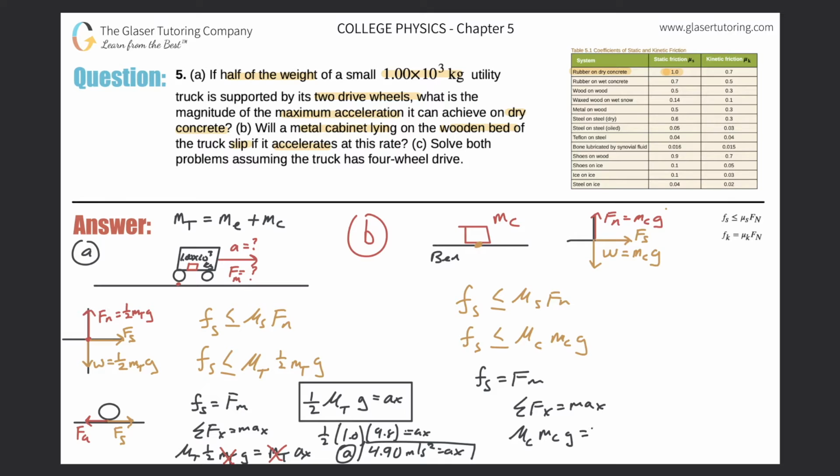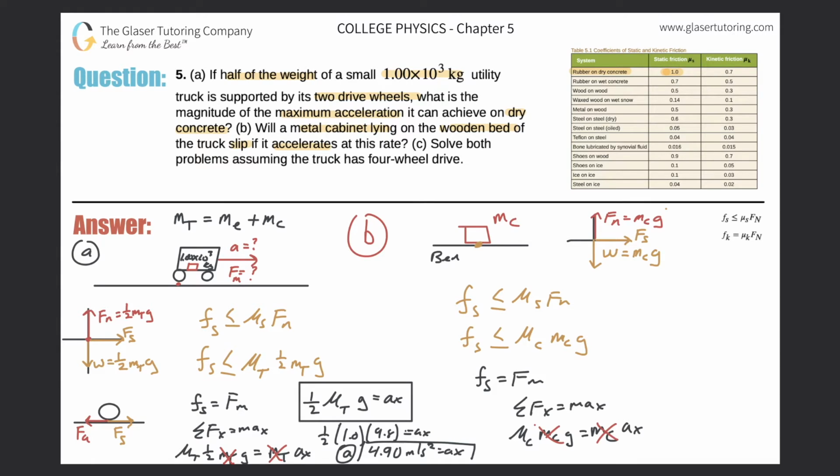should equal now the mass of what? Well, what are we talking about accelerating? You might say we're talking about the truck accelerating, and yes, we're trying to compare the two, but we're talking about this system specifically, the cabinet on the bed. So we're concerned about that particular mass multiplied by its acceleration. Notice what's also interesting here: what happens to the mass of the cabinet?